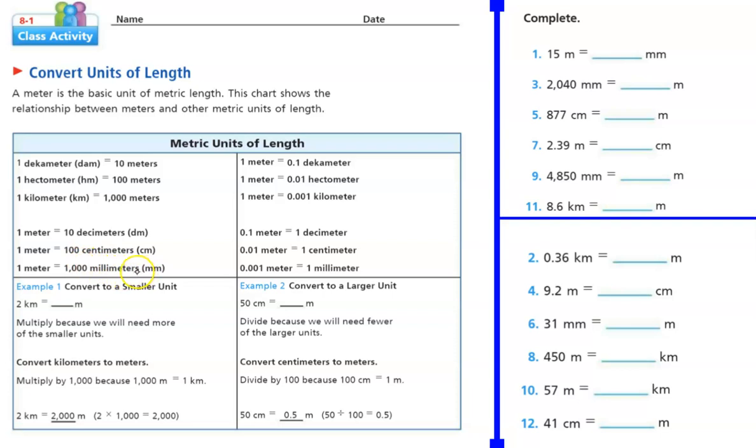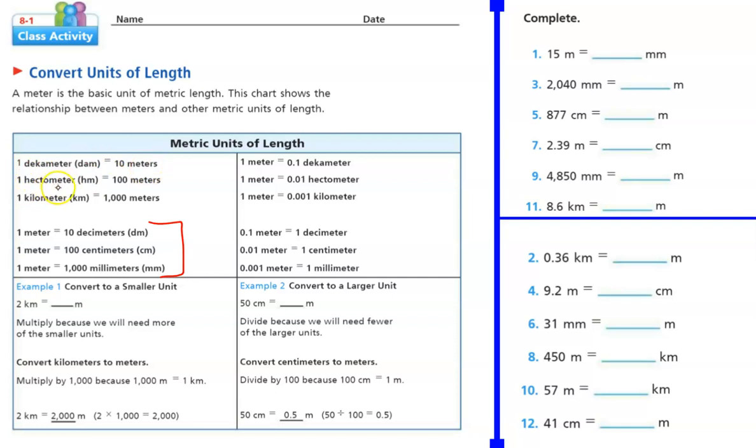So if you remember seeing a meter stick in the classroom, these would be the things that would help you. They're showing you that 1 meter could be split into 10 decimeters, or 100 centimeters, or 1,000 millimeters. But these are a little different. These are measurement units, so you could travel 1 decameter, which would be like going 10 meters.